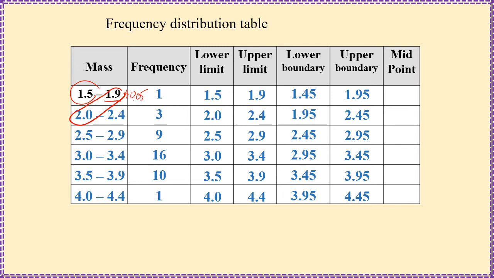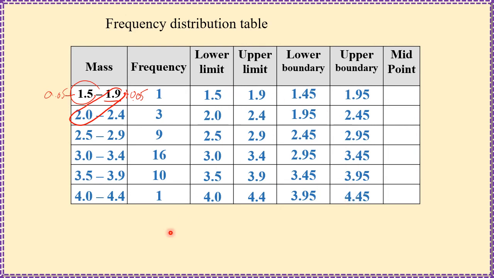So that's why we need to subtract 0.05 for the lower boundary. So we have 1.45, 1.95, 2.45, 2.95, 3.45, and 3.95 for the lower boundary. And 1.95, 2.45, 2.95, 3.45, 3.95, and 4.45 for the upper boundary.